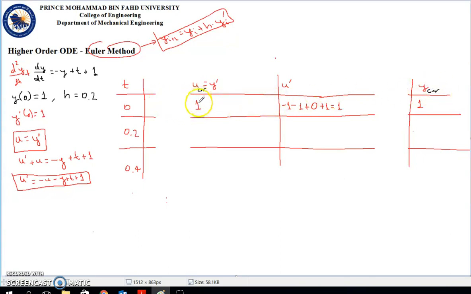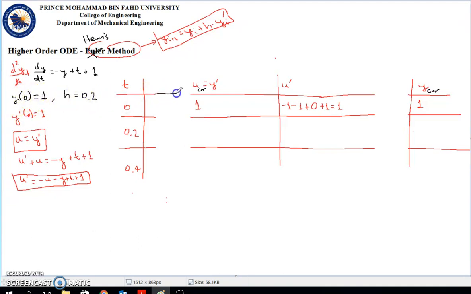And obviously in the Heun's method, the corrector for the first iteration, which is the initial value, equals the initial values that we are given. So u corrector is going to be y prime at t is 0, that's 1, and y corrector is going to be y at 0, which is 1.